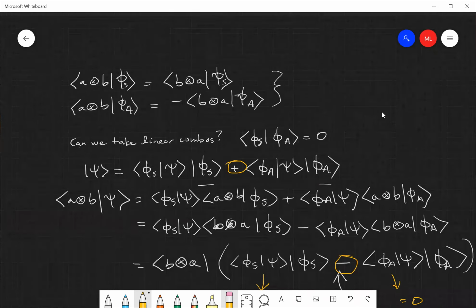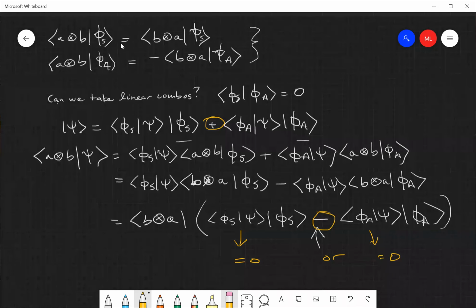But any questions about that? Again, the idea is any state is going to be either symmetric under particle exchange, namely these coefficients here.